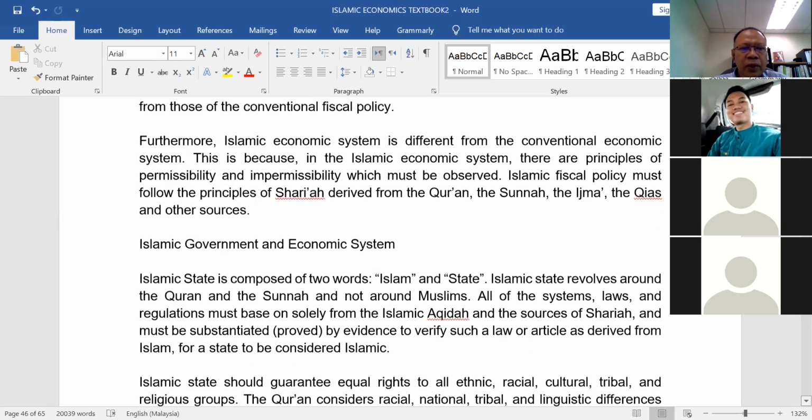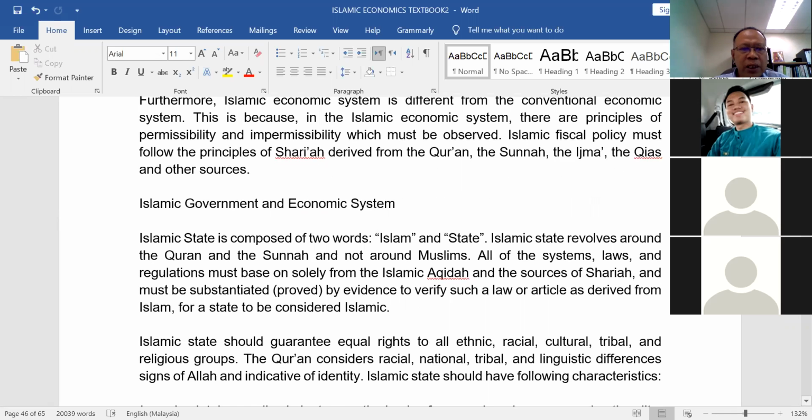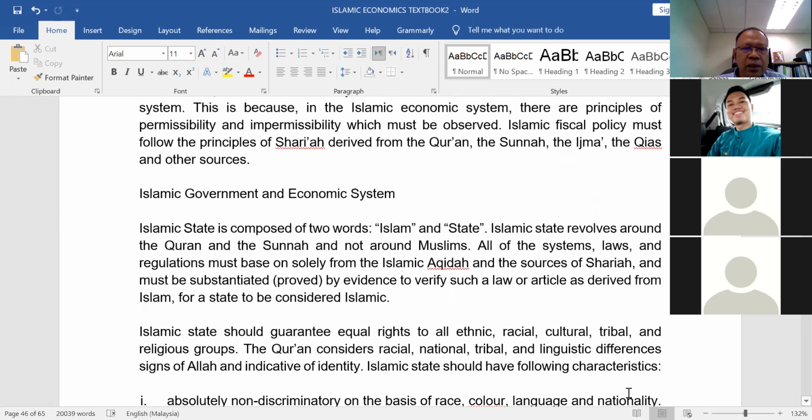Okay. Islamic government and economic system. When we talk about Islamic state, it is composed of two words, Islam and state. Islamic state, negara Islam ataupun kerajaan Islam, revolves around the Quran and the Sunnah.